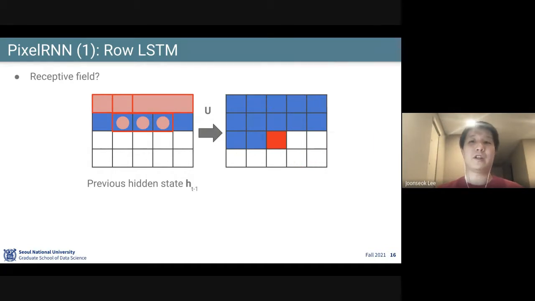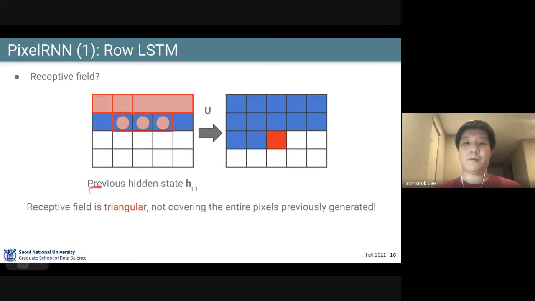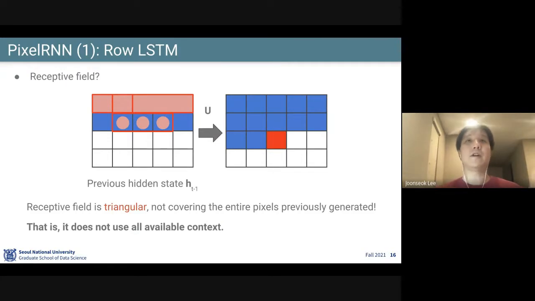So it cannot look at the entire image. It means it has some blind spots, like your car. So the receptive field is triangular, not covering all the previously generated pixels. So this is not great. We should be able to take advantage of the context in the entire image, but this model loses that.